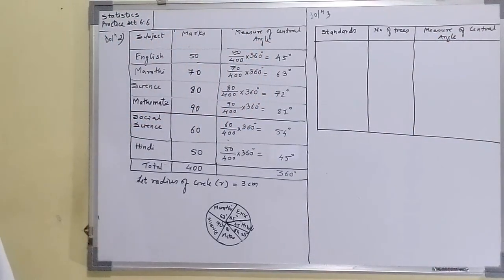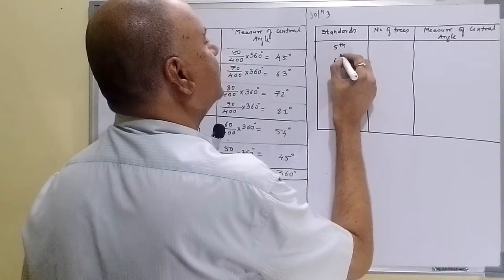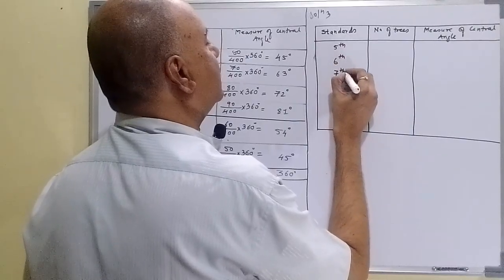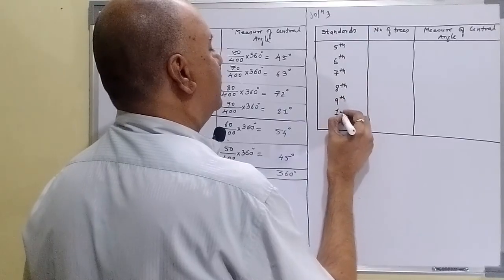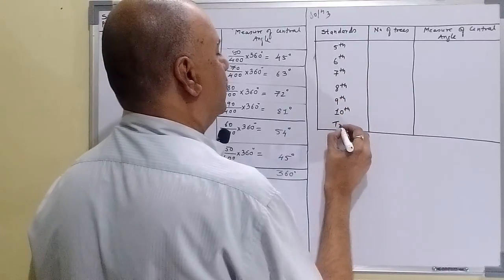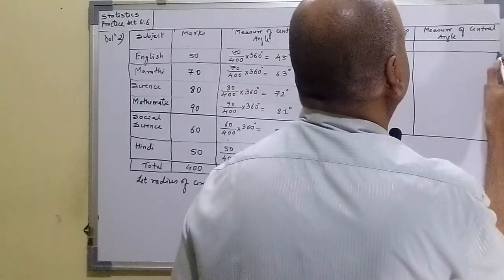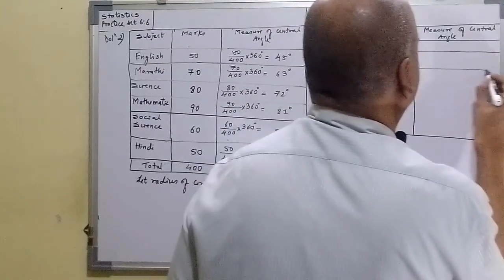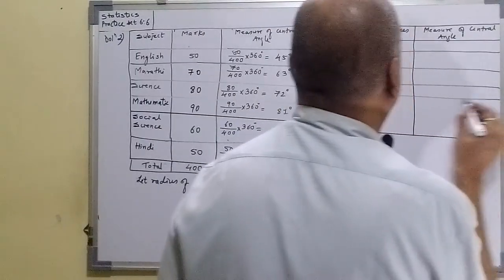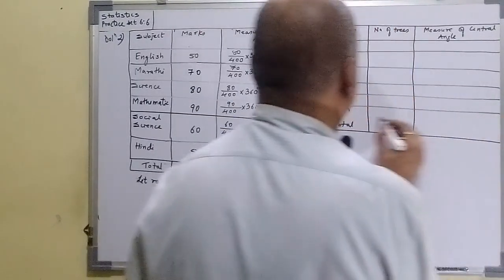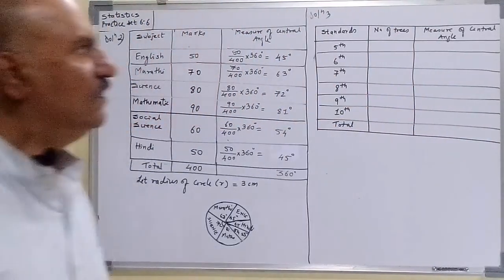First is 5th, then 6th standard, 7th, 8th, 9th, 10th standard and total. Let's start with the number of trees.